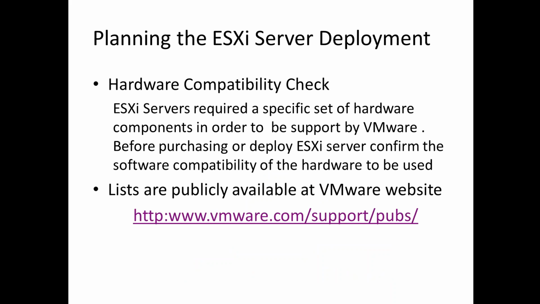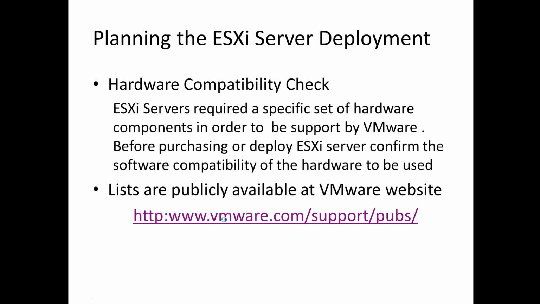So when you are planning for the ESXi server deployment, meaning your company is going to implement virtualization or use a virtual server for a project, first we have to check the compatibility. All hardware is not supported for the VMware ESX server. So first we have to go to this link.